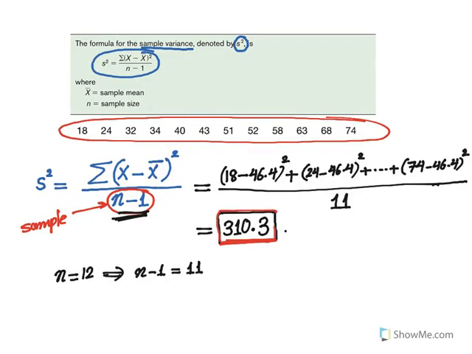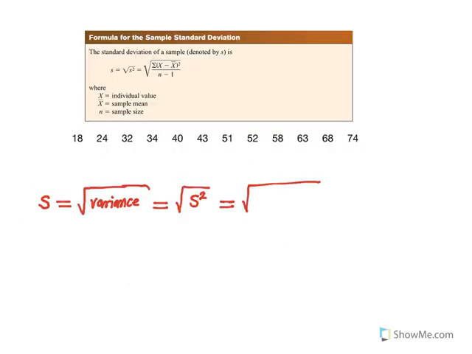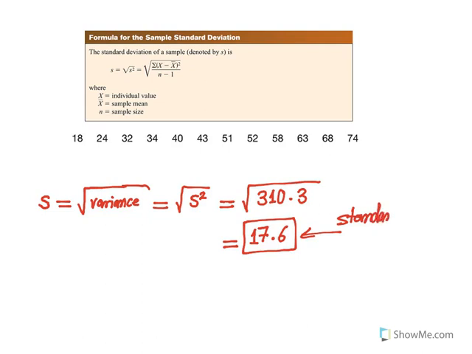It was 310.3. And again I will round to one decimal, so this will be 17.6. This will be our standard deviation.